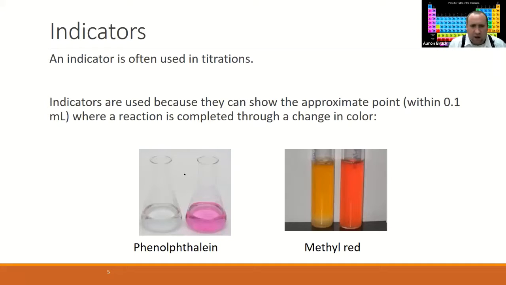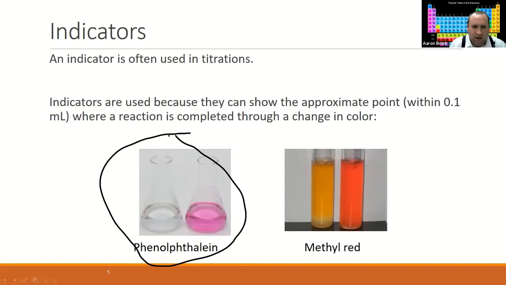Now, the indicator that we are going to be using in the lab this week is one called phenolphthalein. This happens to undergo a pH transition from colorless to pink. This color transition takes place somewhere between pH 8 and 10. So at pHs less than 8, we see the colorless version.